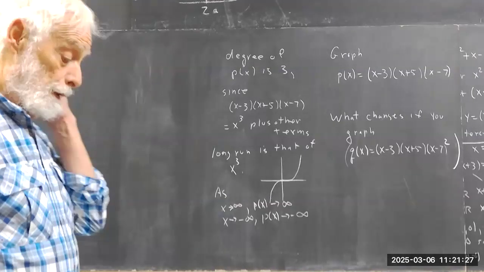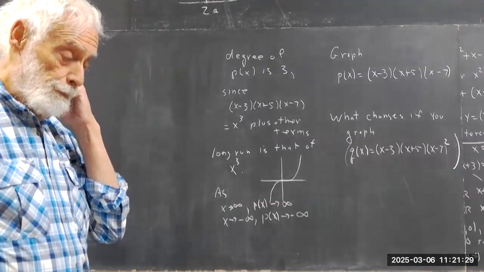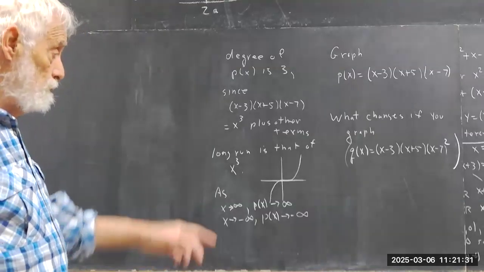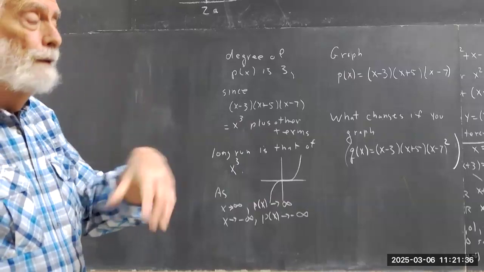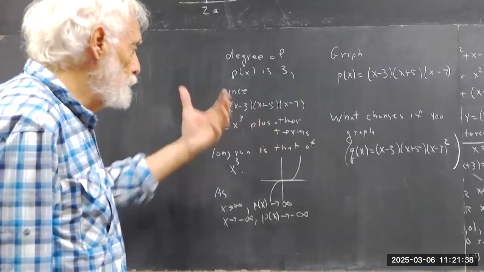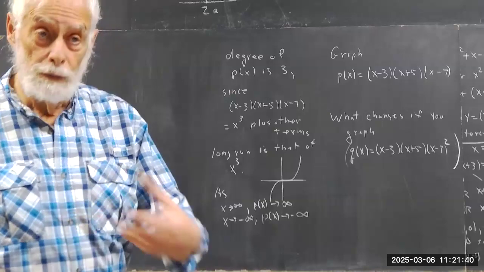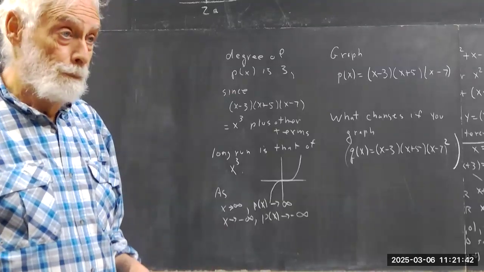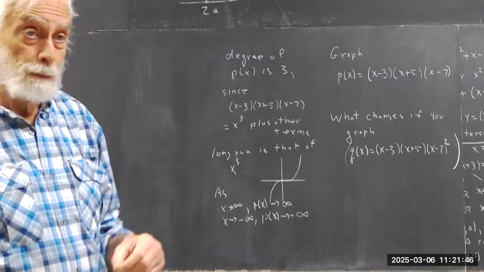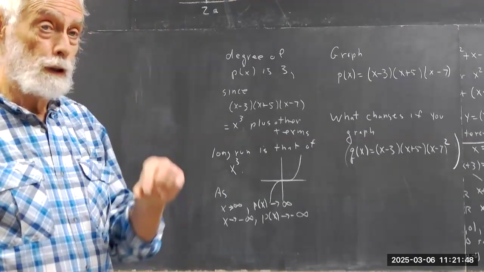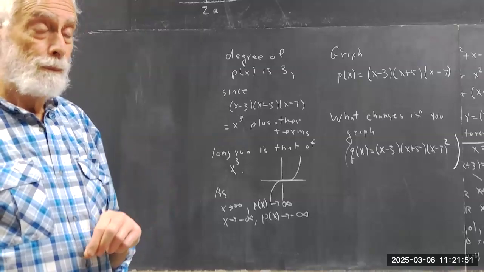Now you can think about that just with numbers. I mean, you know that 1 cubed is 1, 2 cubed is 8, because if you graph the toolkit cubing function, which you have to know, you're going to get the points (1, 1) and (2, 8). You're also going to get (1/2, 1/8).